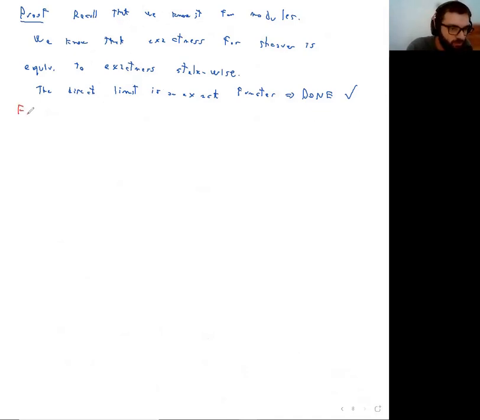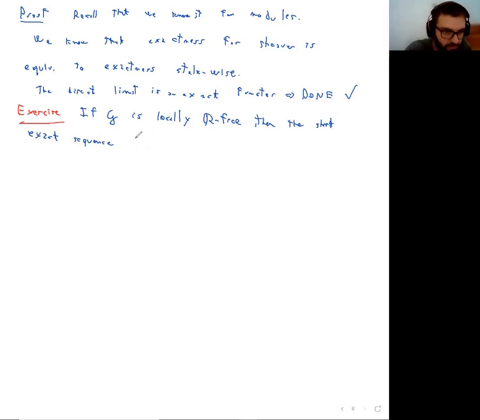And in fact, if you're maybe not convinced about this technique of just, okay, we take the limit, we go to the modules, blah, blah, blah, maybe you can prove that if G is locally R free, then the short exact sequence always splits locally.